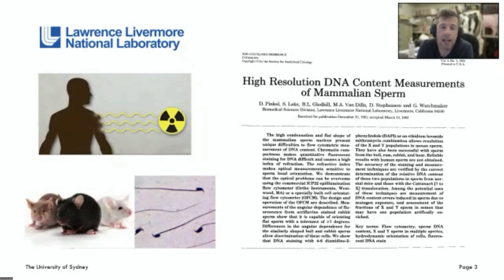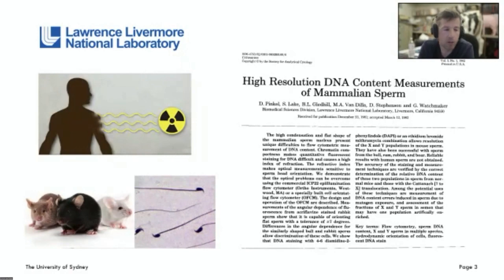And some particularly smart cookie happened to be around at that time, doing a bit of sabbatical from the mammalian reproduction and livestock systems world, at Lawrence Livermore Labs, and saw what was going on and saw the potential application to what had long been wanting to be developed, this idea of being able to separate male and female sperm.